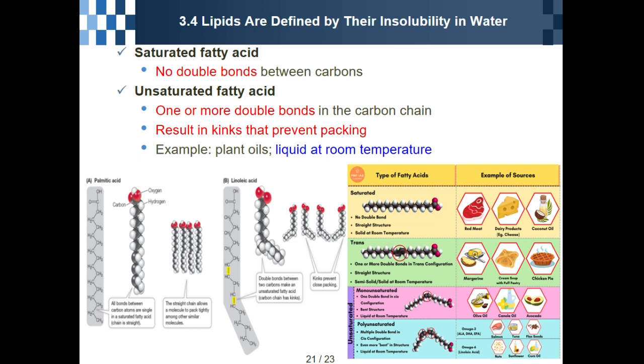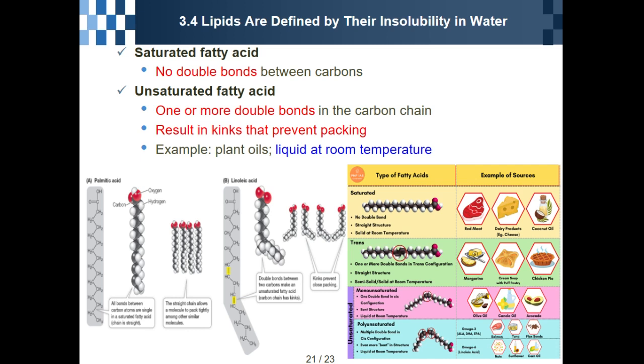In this location, 1, 2, 3, 4 can be located here. But this one makes a kink, so in this dimension there can be only 1 and 2. This one can be packed, but that one cannot be packed.